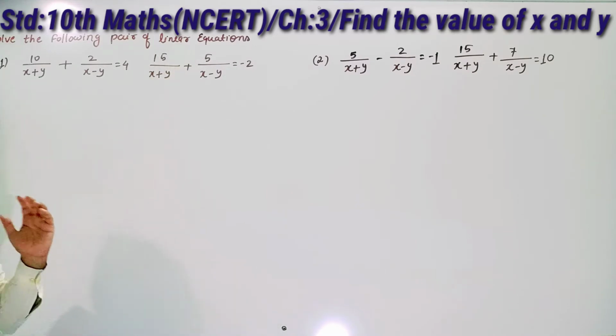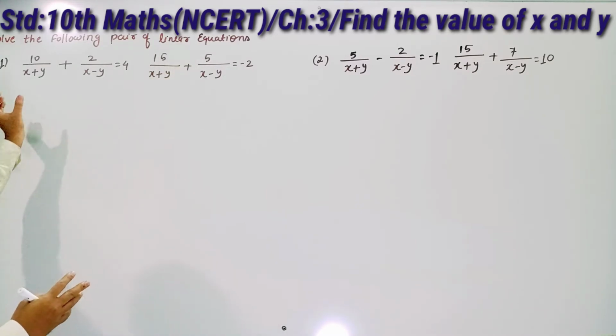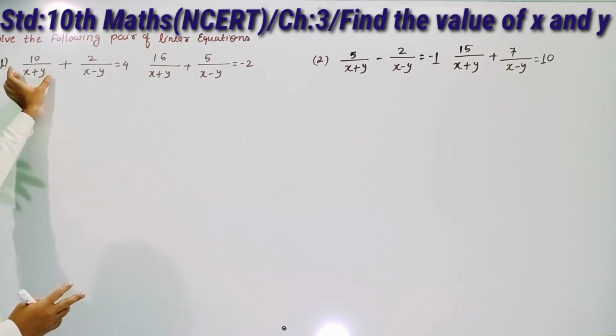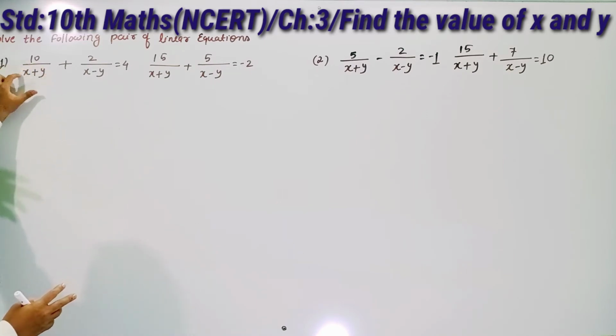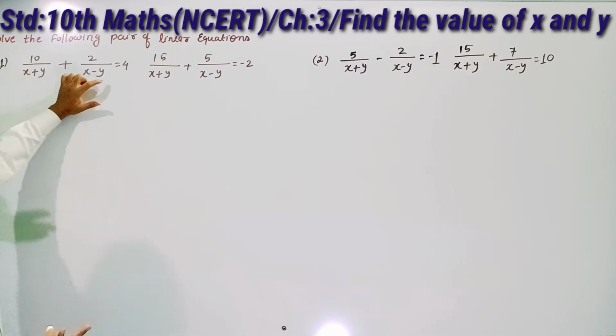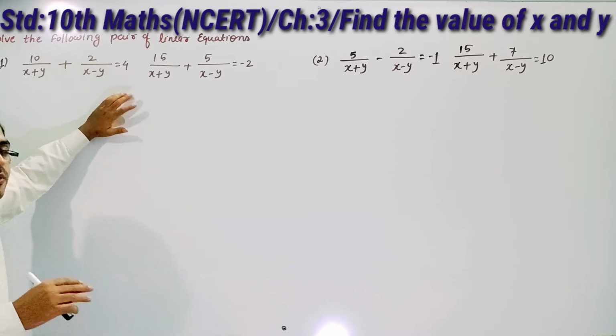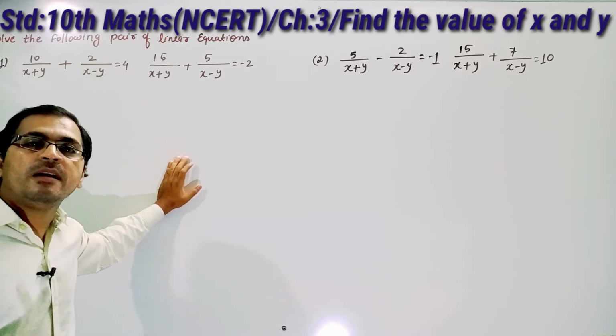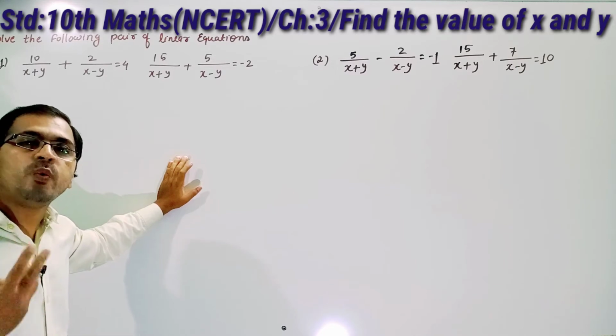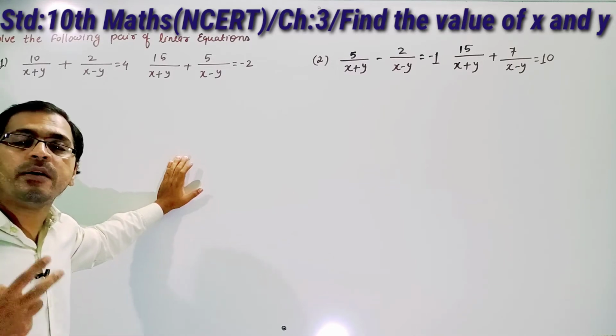So we consider something in place of 1 upon x plus y, and another variable in place of 1 upon x minus y. The resulting equations will be linear equations in two different variables.